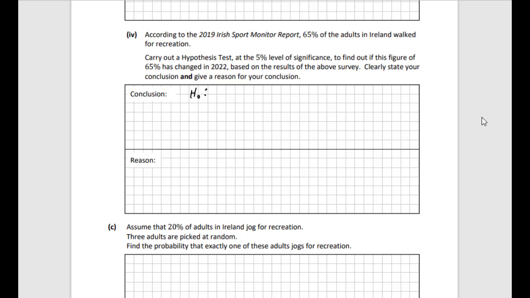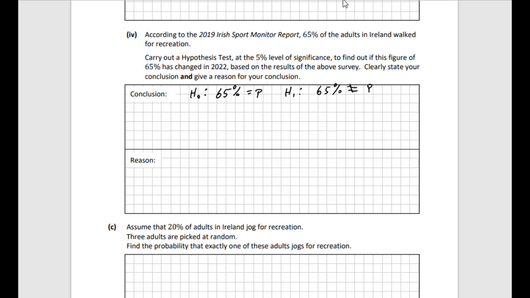You don't really have to do this in the exam. We're really just asked for the conclusion. So the hypothesis is that 65% of people in Ireland walk for recreation. So that's your population proportion. The alternative hypothesis then would be that 65% is not the correct figure for those in Ireland who walk for recreation. So again, you don't have to do this in the exam.